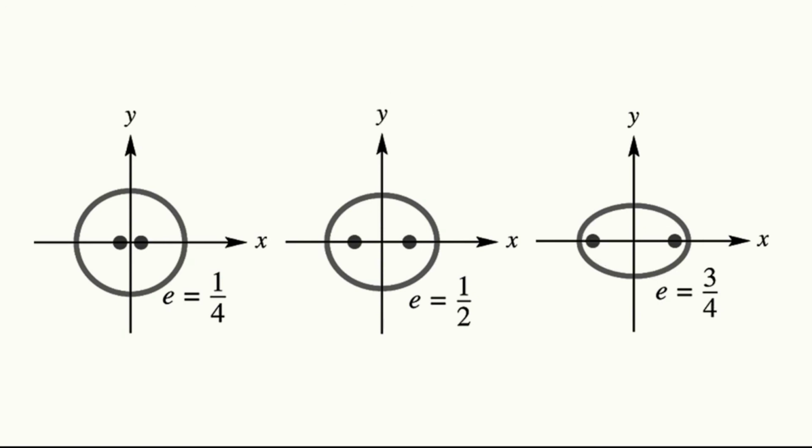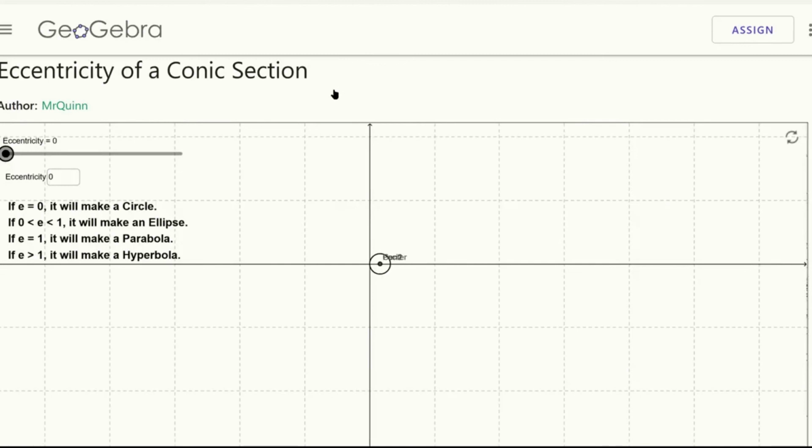Here we have a really wonderful animation depicting eccentricity by Mr. Quinn using the wonderful app called GeoGebra. And notice that we start with a circle which has eccentricity 0, and the center and both foci have collapsed into one point.